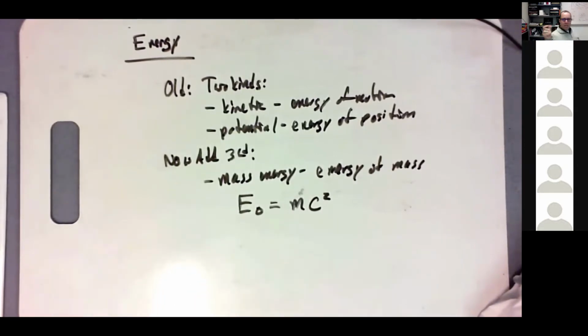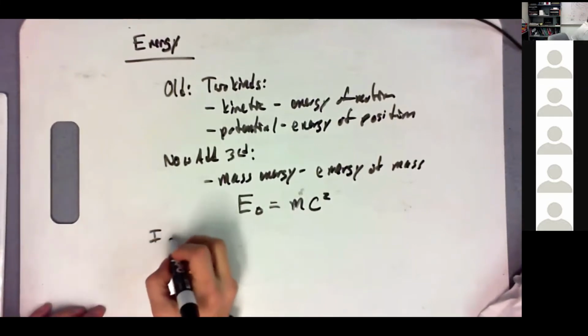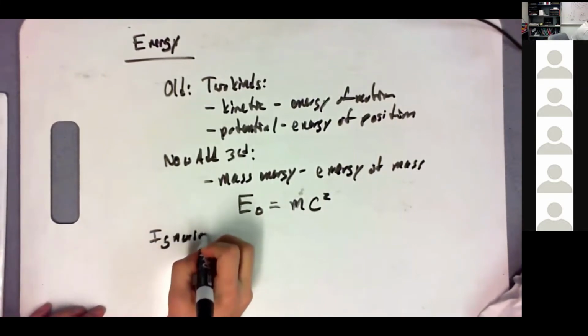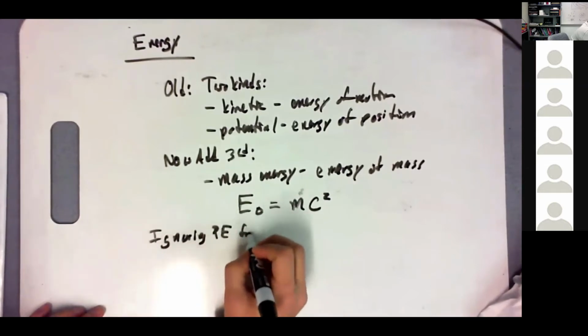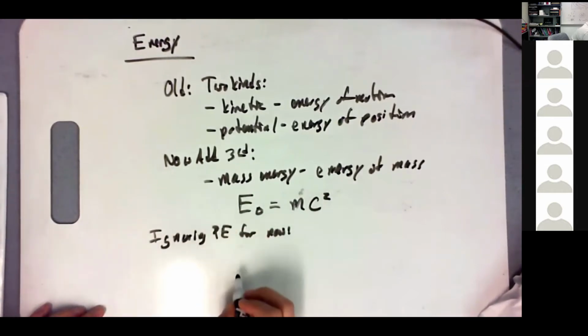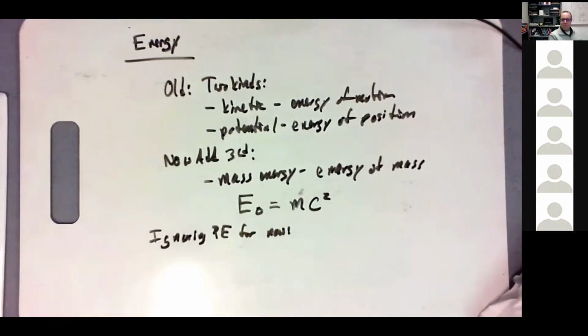So let's just think about mass energy and kinetic energy and ignore potential energy for now, because it's not as important for most relativistic traveling particles anyway.